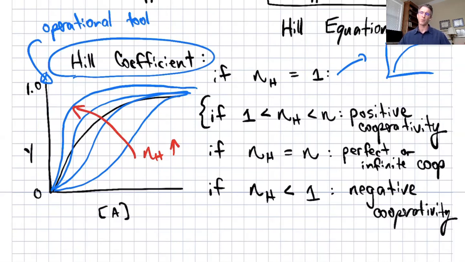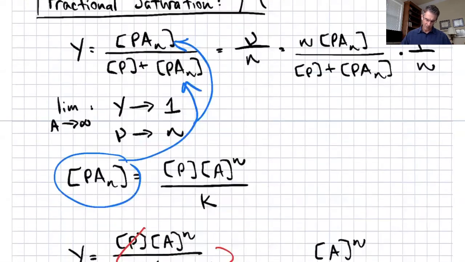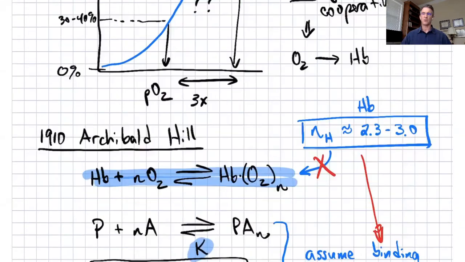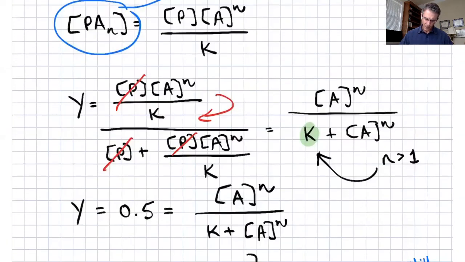And the additional problem, in addition to giving the wrong number, is that the model assumes that all the binding happens in one go. It predicts, as written down, that there are no partially liganded species. It's 0 or 4. People knew within a few years of Hill trying to do this that was wrong, that partially liganded species could be observed. So the underlying assumption of this model, to some extent, doesn't work.